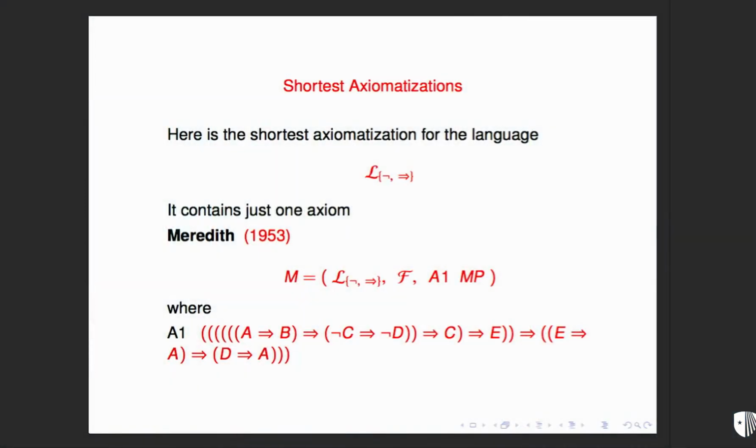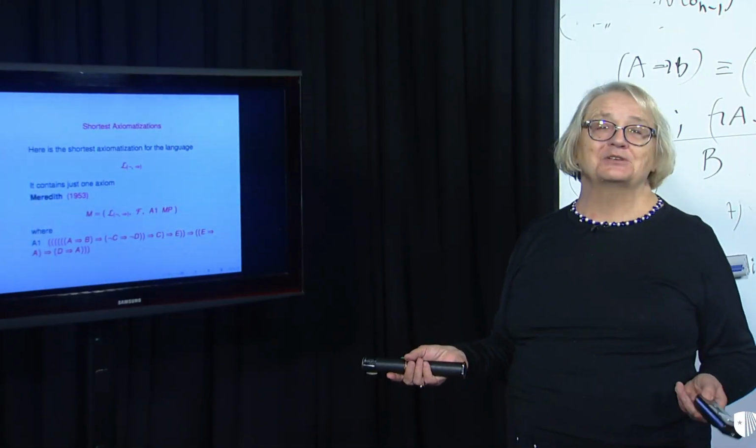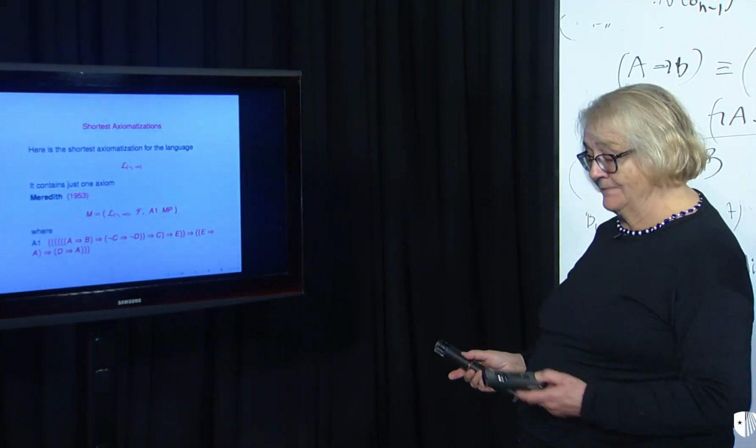And he proved we can have our implication and negation with one axiom. So what I gave you wasn't the shortest axiomatization. I gave you 3 axioms because they were very comfortable for proving the deduction theorem and the completeness theorem.